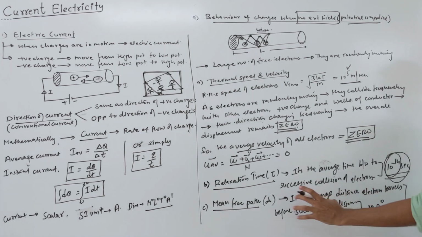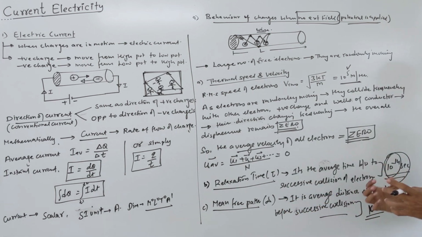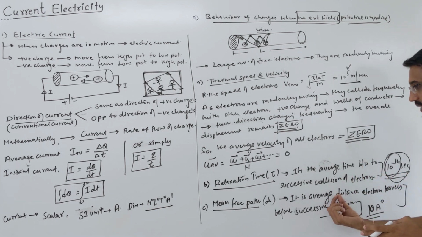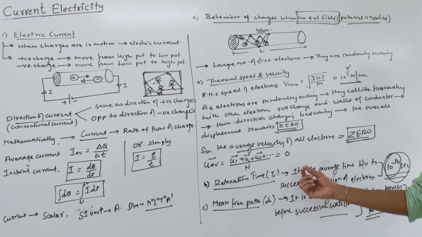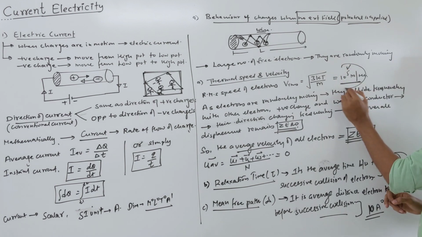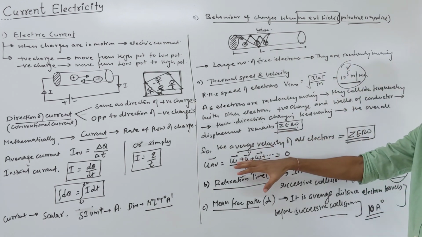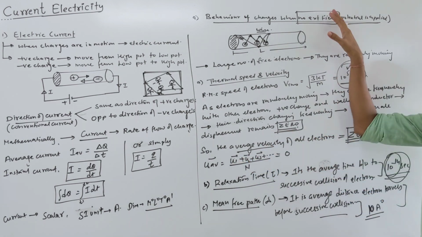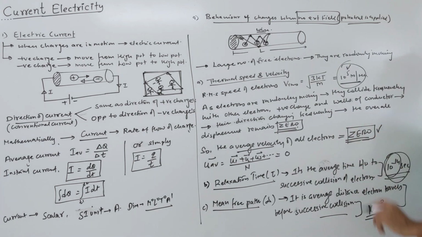So this is actually the distance, the mean free path, the average distance an electron travels before successive collisions. And the time between two successive collisions is called relaxation time. Thermal speed is there, 10 power 5 meter per second, but the average velocity of all electrons when no field is applied is 0.